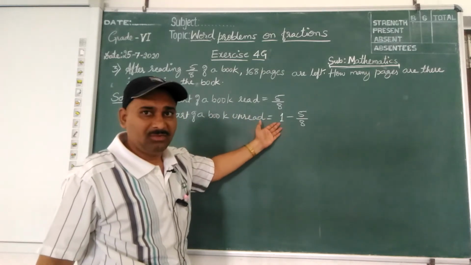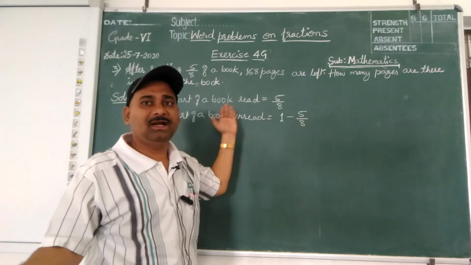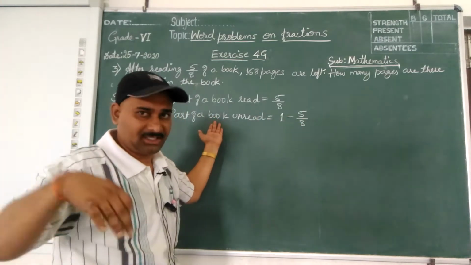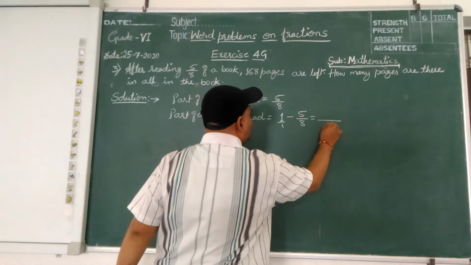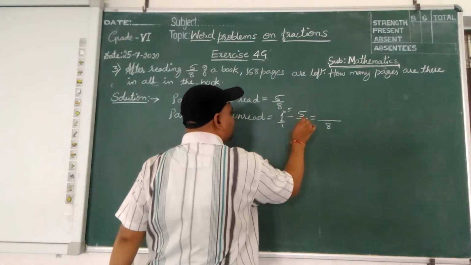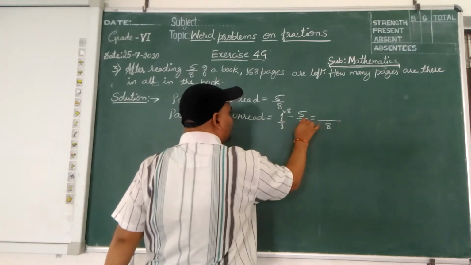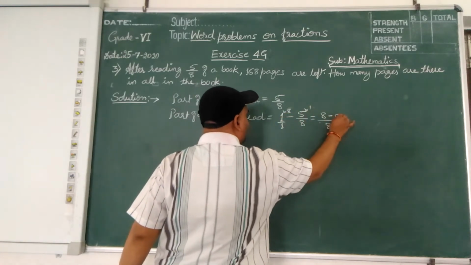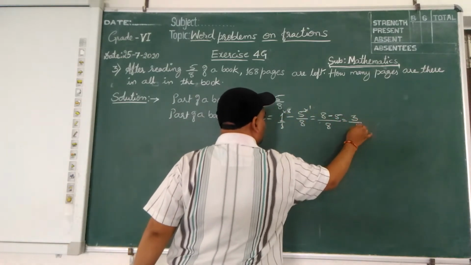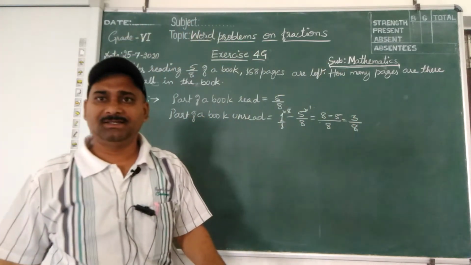One whole book, if we subtract the pages read, we'll get the pages not read, unread. So take LCM, 8. 8 by 8 minus 5 by 8. So 3 by 8 part is left.